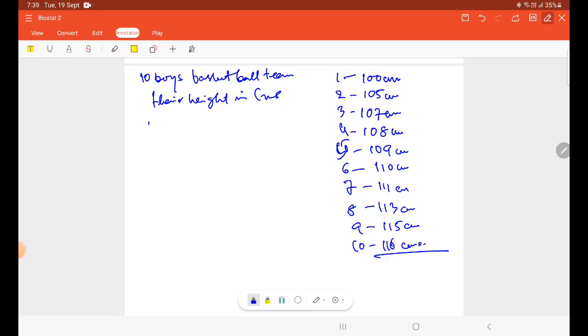So y-axis frequency, x-axis individual observation. So it will never touch 0, it starts from 100. Boy 1 is 100. Boy 2, it will never come down because it is in ascending order and cumulative. Boy 2 cumulative frequency 205. It will reach here, 205. In the third observation, 205 plus 107, it will be 312. So it will reach here.